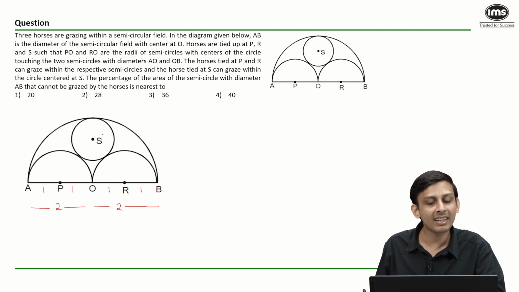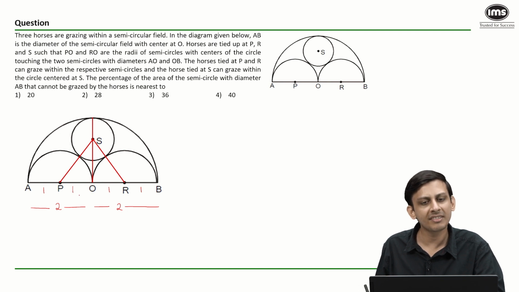Now we also have to find the radius of the circle. So we will make this construction by joining the centers of the semicircles and the circle. And from the center of the larger semicircle, we will draw a line passing through point S in this manner. How will this help us?